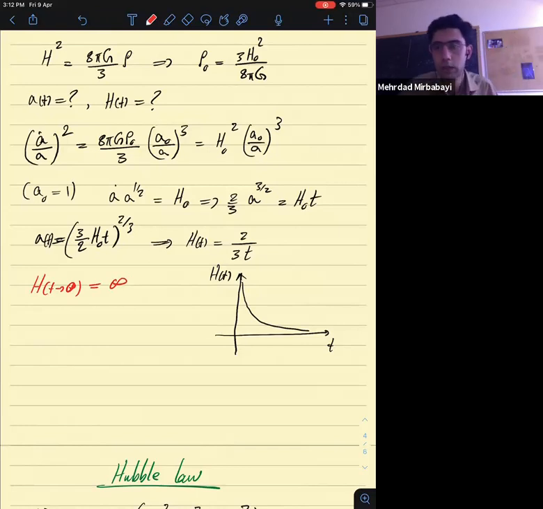If, for instance, we calculate the scalar curvature of the metric, it will be proportional to H squared, and that blows up as H goes to infinity, or as t goes to 0. So this singularity at t equal to 0 is called the Big Bang singularity.